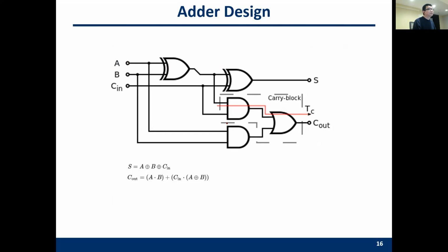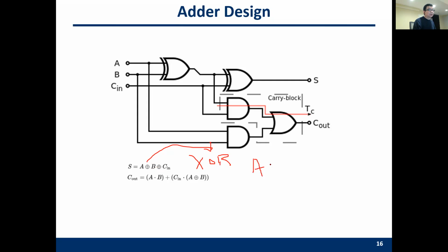full adder. After the simplification, after we do this K-map, the S, the sum, is actually a XOR. This is an XOR symbol. A XOR B XOR C in.